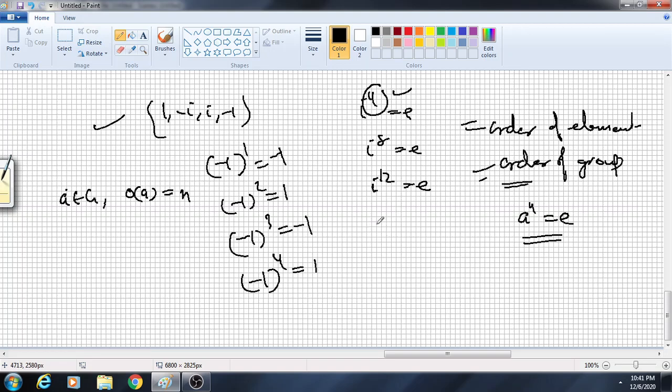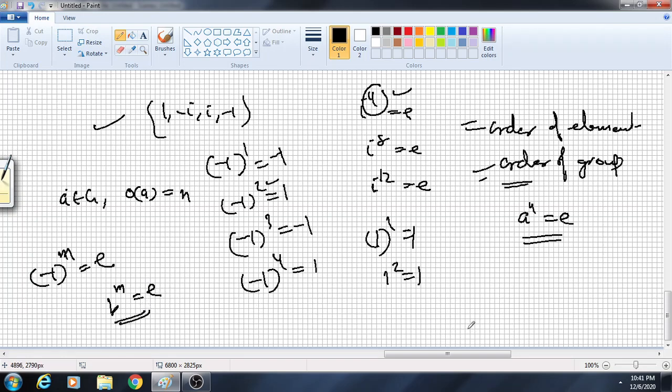Similarly, 1 raised to 1 is equal to 1, 1 square is again 1, and so it goes. So the order of an element is the smallest positive integer m with the property that b raised to m is equal to e. I'm writing m because I have already used n.